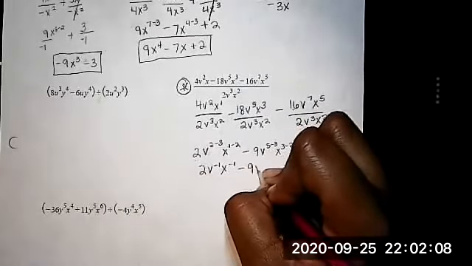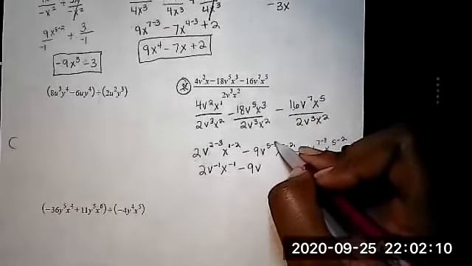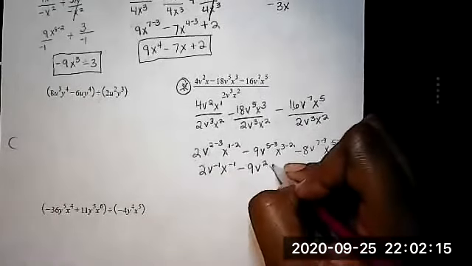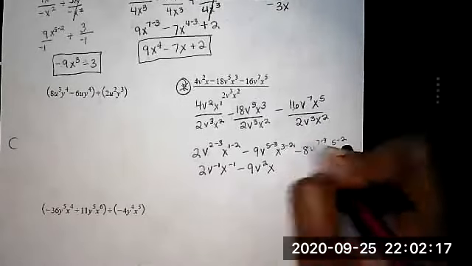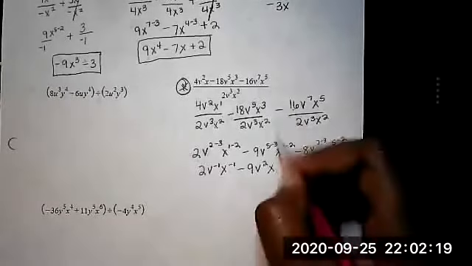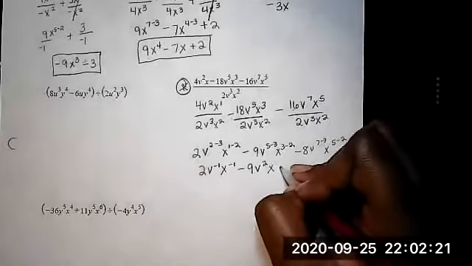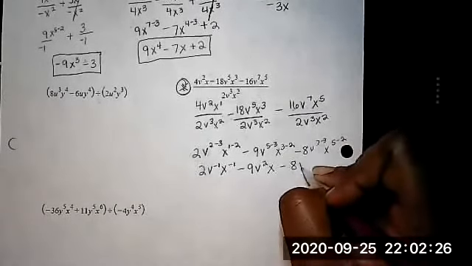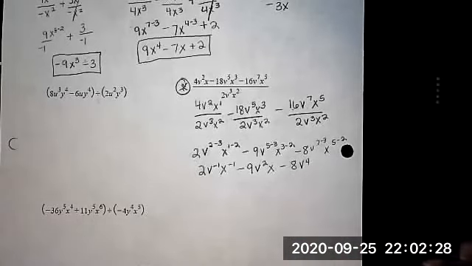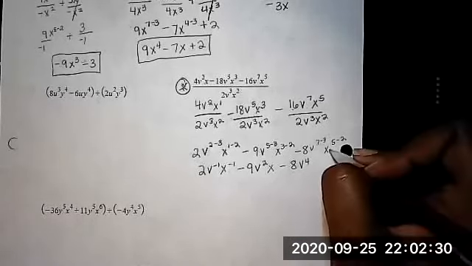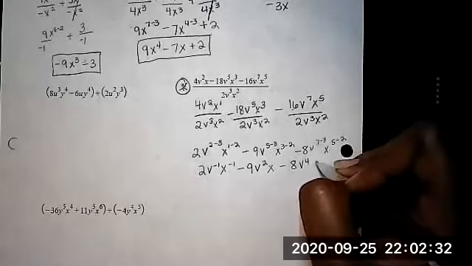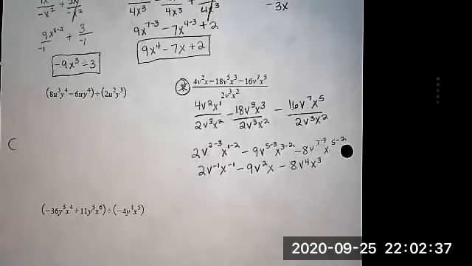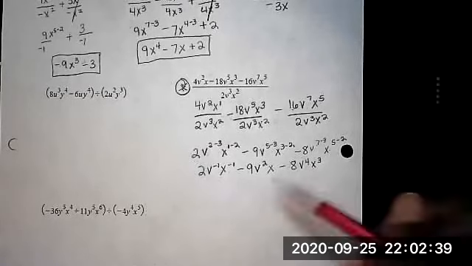Minus 9b, 5 minus 3 is 2. x, because 3 minus 2 is 1, I'm just going to put an x, not an x to the 1. Minus 8b to the 4th, because it's 7 minus 3. And then you have x to the 5 minus 2, which is 3. x cubed. Okay? So now all of these look okay and fine.